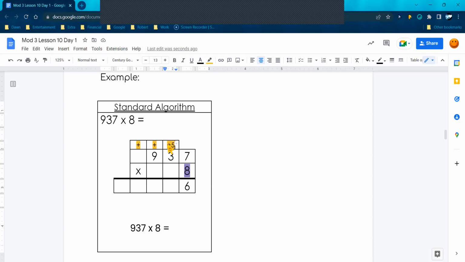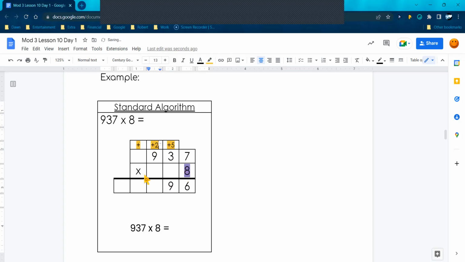So I'm shooting it over. So now we're going to multiply 8 times 3 tens, which is 24, plus 5, which is 29. So again, I'm going to dribble my 9, and I'm going to shoot my 2.